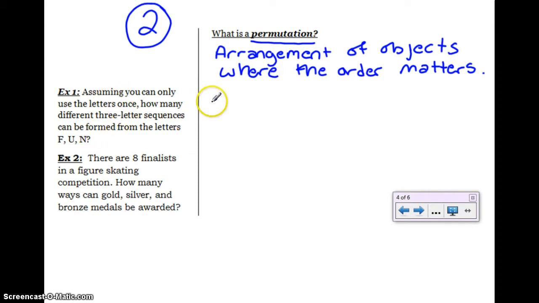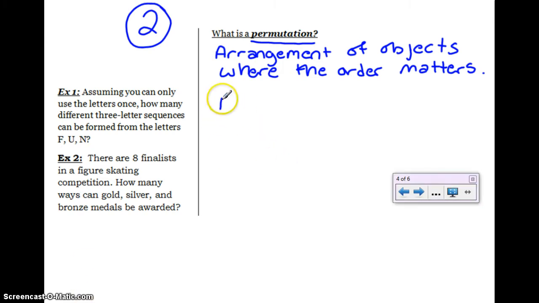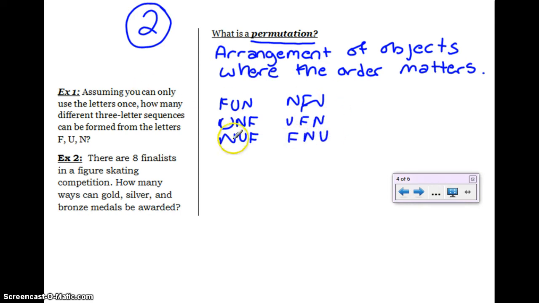So I could have F-U-N, I could have U-N-F, I could have N-U-F, I could also have N-F-U, I could also have U-F-N, and I could also have F-N-U. So if you think about all the different possibilities, how can we do that? One is by listing them, and another one is by using a formula or by using our calculator.